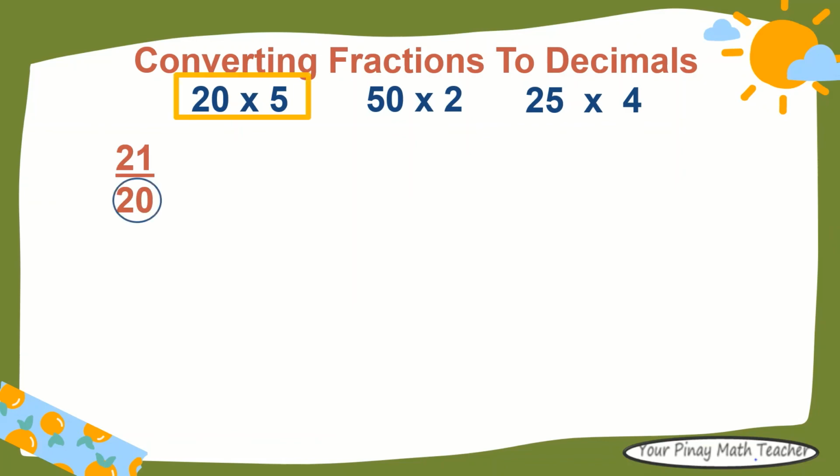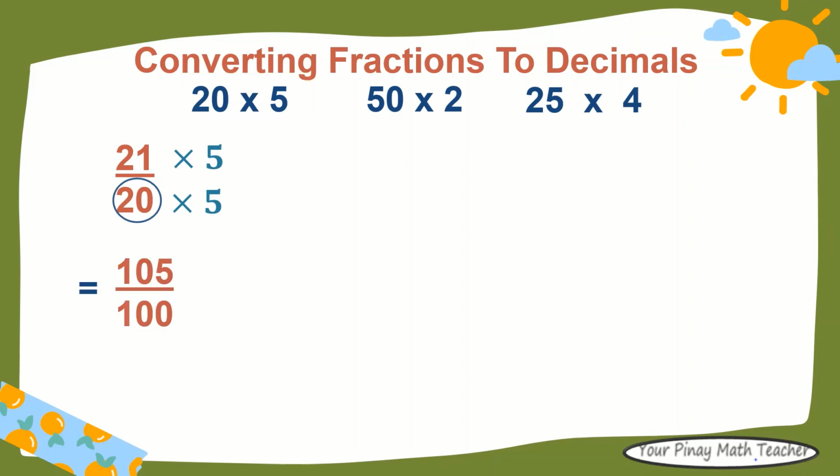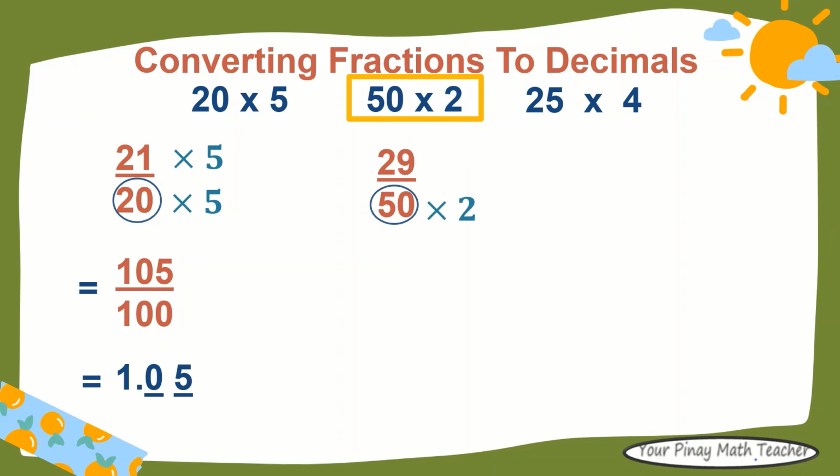Another example, 21 over 20. We multiply 20 by 5 and also 21 by 5. So we get 105 over 100. This is equivalent to 1.05 in decimals. 29 over 50. Simply multiply 50 by 2 and also 29 by 2.